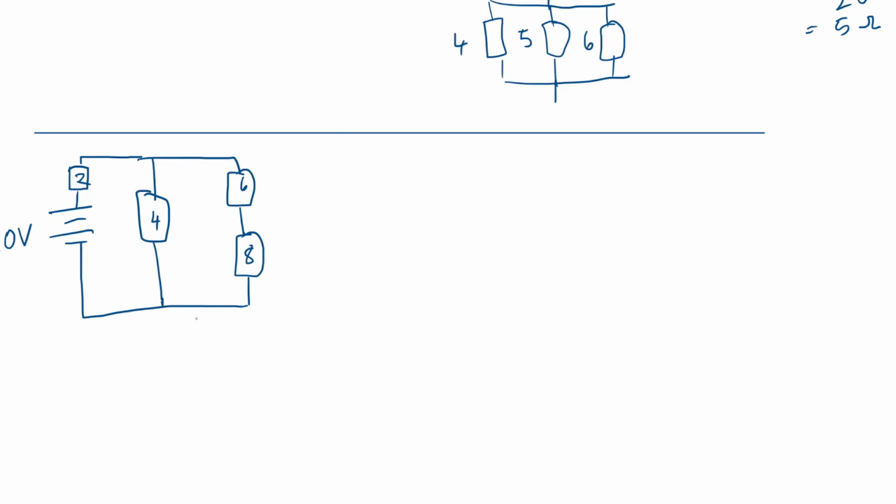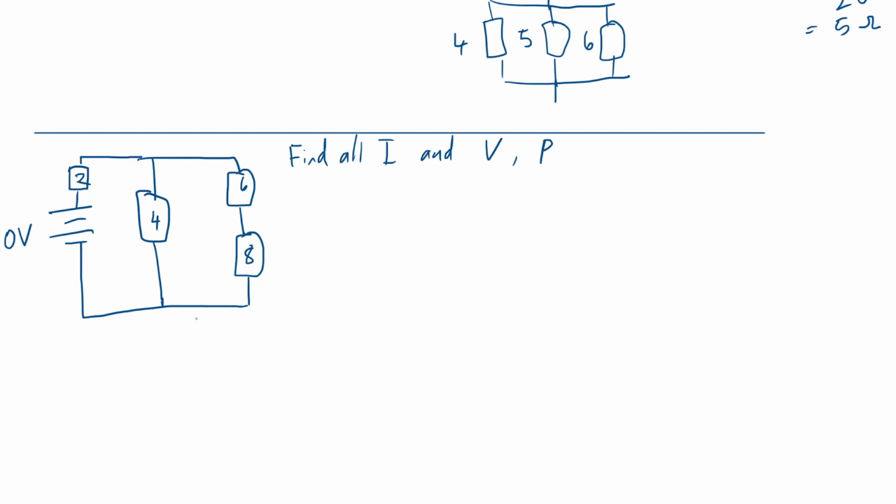Now let's analyze the circuit. So find all currents and voltage drops across resistors. So a full analysis. And maybe even, yeah, we'll touch on power as well.